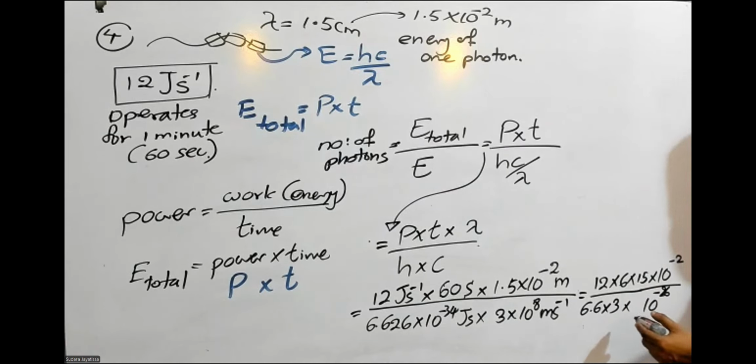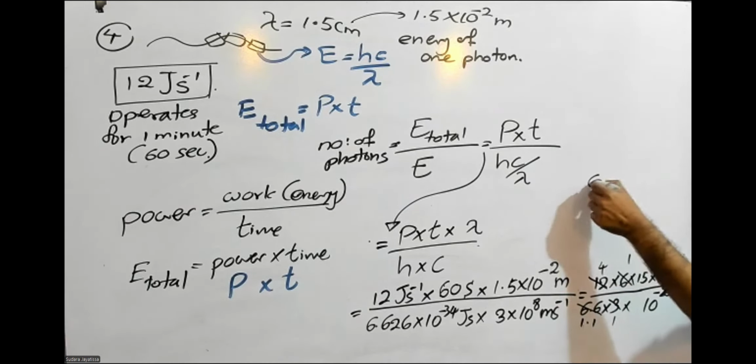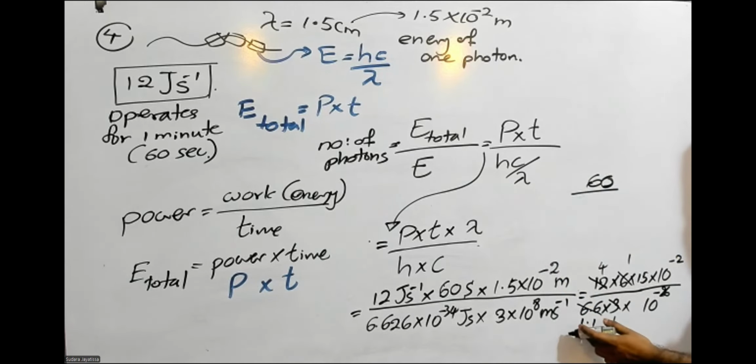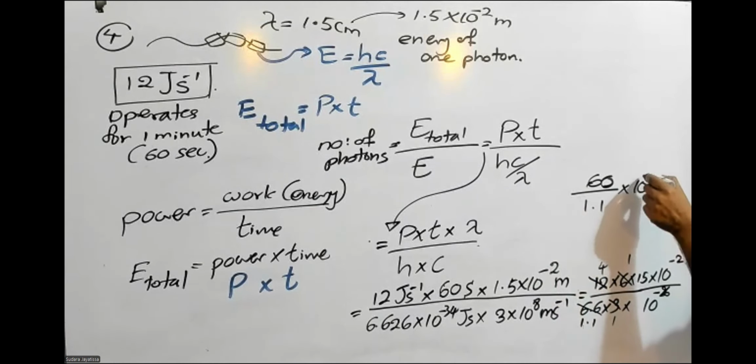Here you can cut this one with 6, it's going to be 1.1, and then you can cut this one with 3 also, it's going to be 4. So 4 times 15 is 60. And then you have 1.1 and 10 to the power 24.